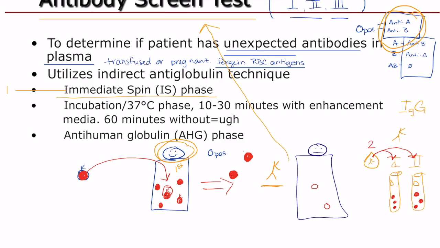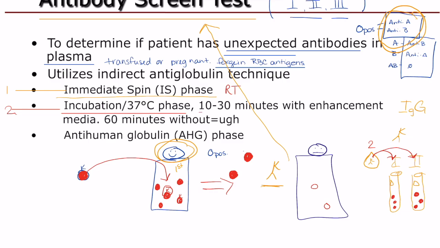Next, because this is IgG, what temperature does IgG like? Not room temperature, which is what immediate spin is. So now we're going to do an incubation phase. This is now going to be our second one. We're going to incubate it at 37 degrees Celsius.